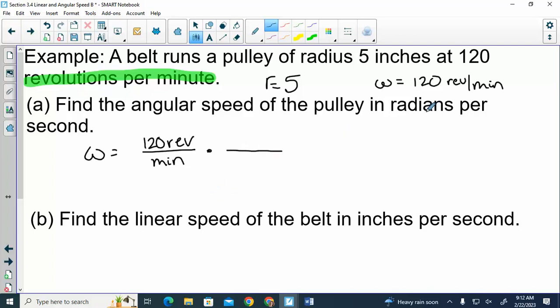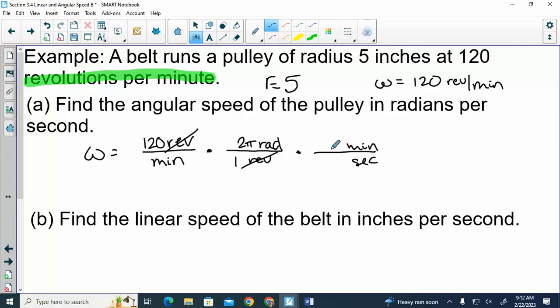So I want my revolutions to disappear. 1 revolution is all the way around the circle. How many radians is that? 2 pi. So now we're in radians. All right, minutes into seconds. So I need my minutes to disappear. I want seconds.